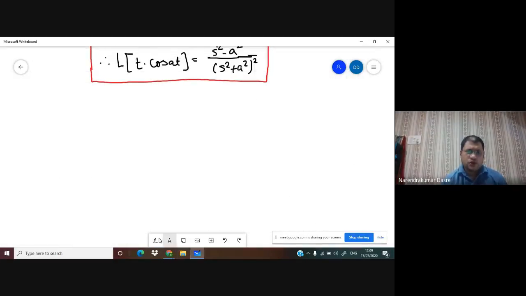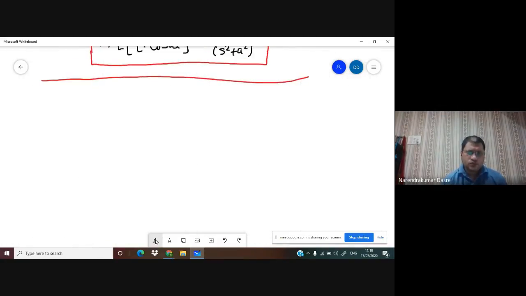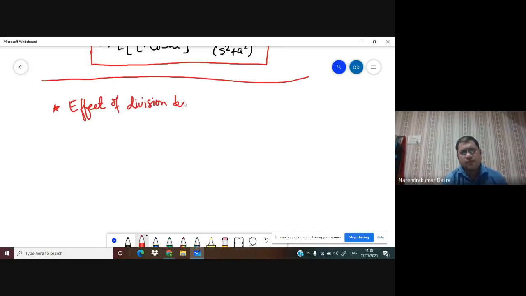Okay. Now what we'll do is we'll go ahead and see the next property. So the next property we need to consider is the effect of division by t on the Laplace transform.